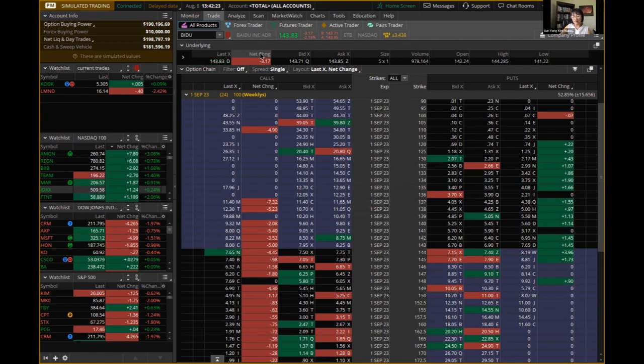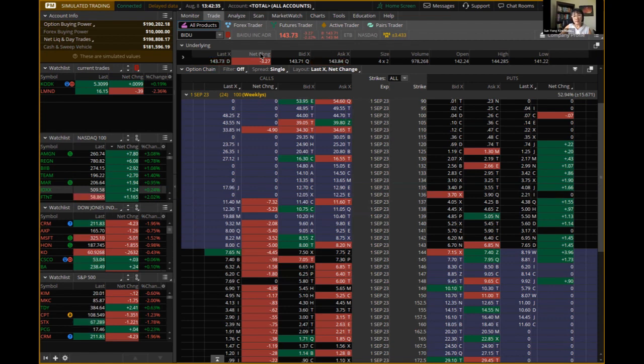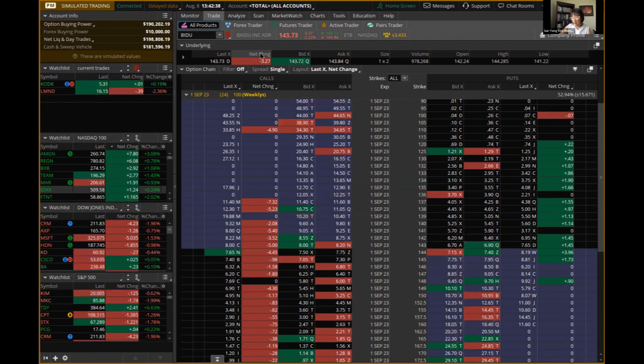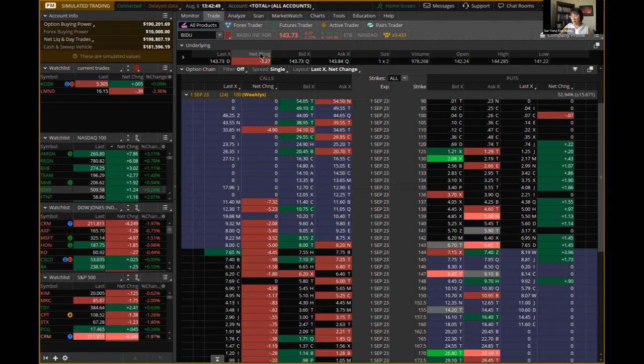And then today's date, and then expiring date, September 1st. So that's a 24-day trade. Okay. So 143.80 was the current market.